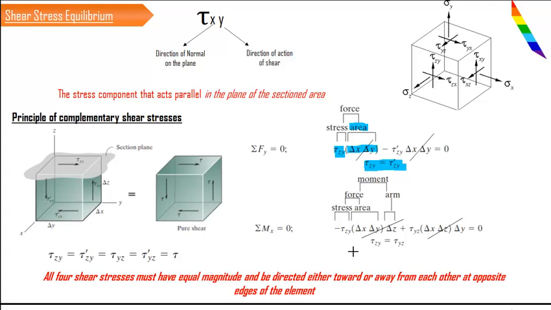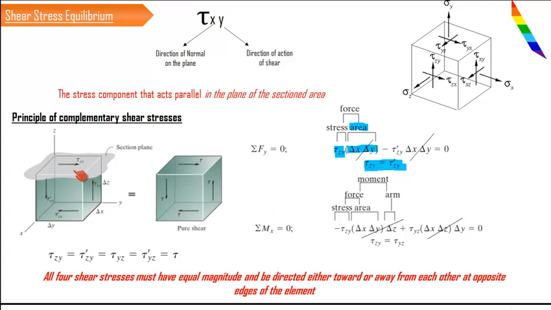That is derived here, tau zy equal to tau dash zy, and also tau zy should be equal to tau yz. That means these two shear stresses acting on the successive perpendicular planes should be the same.